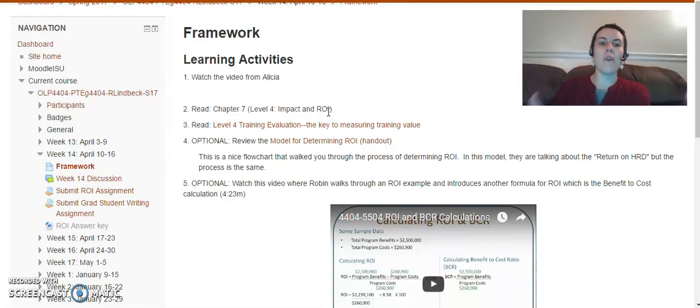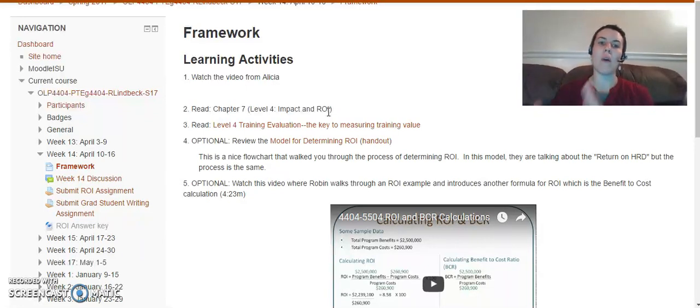Then level 4 impact would be asking, did our training make a difference in improving our customer service? Did it actually change what it was supposed to change? Did it impact that business goal or business performance? That was the whole reason that we did this training. So that's what level 4 is looking at: the impact.